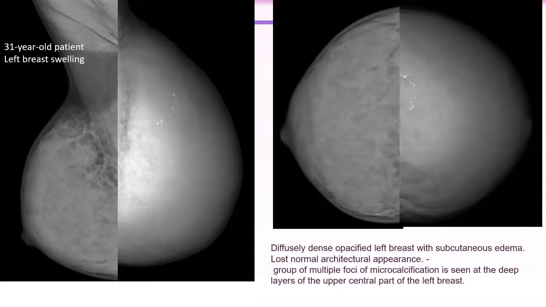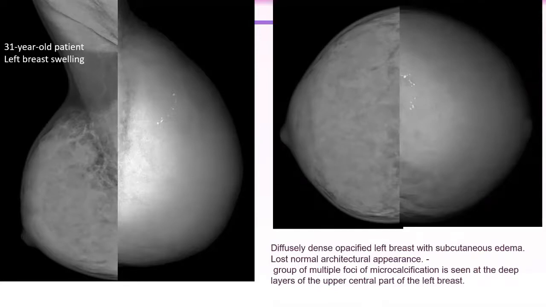This is a bilateral mammogram. What does it demonstrate? The left breast is enlarged diffusely with global asymmetry and microcalcifications.